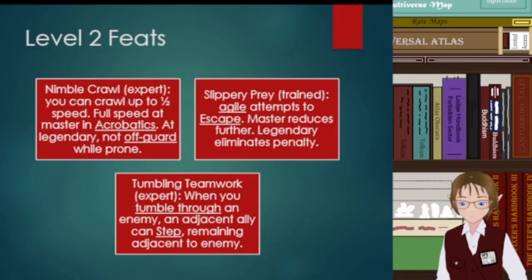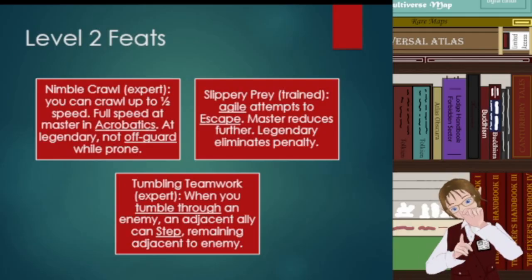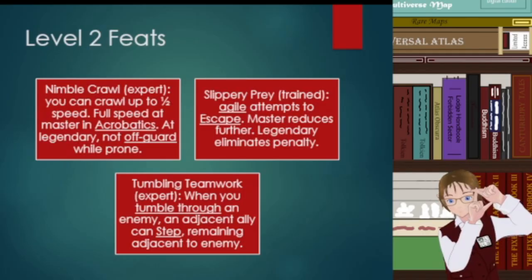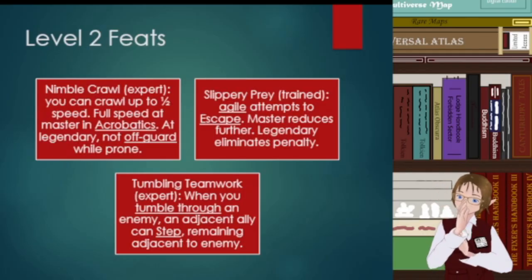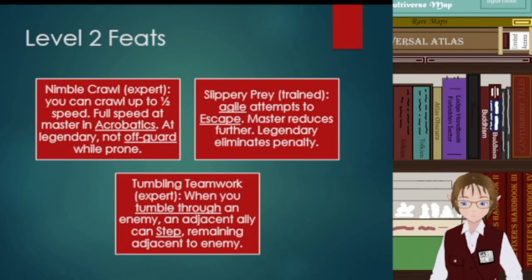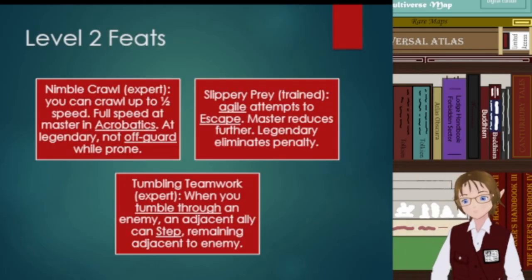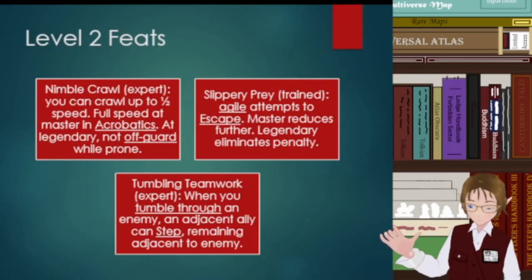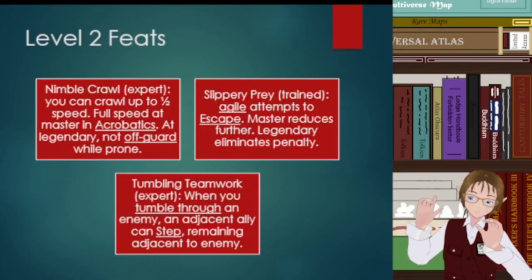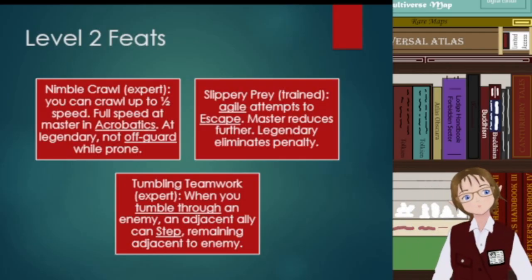For instance, if you are on one square next to an enemy, then the enemy is in front of you, and your ally is perpendicular to the enemy, you could choose to tumble through, moving through their space, and with enough movement, you can move to one side or the other of the enemy that you tumbled through. So if you have the 9 square number around the enemy, you can allow your ally to step, creating a flank. That's the main use of this ability.